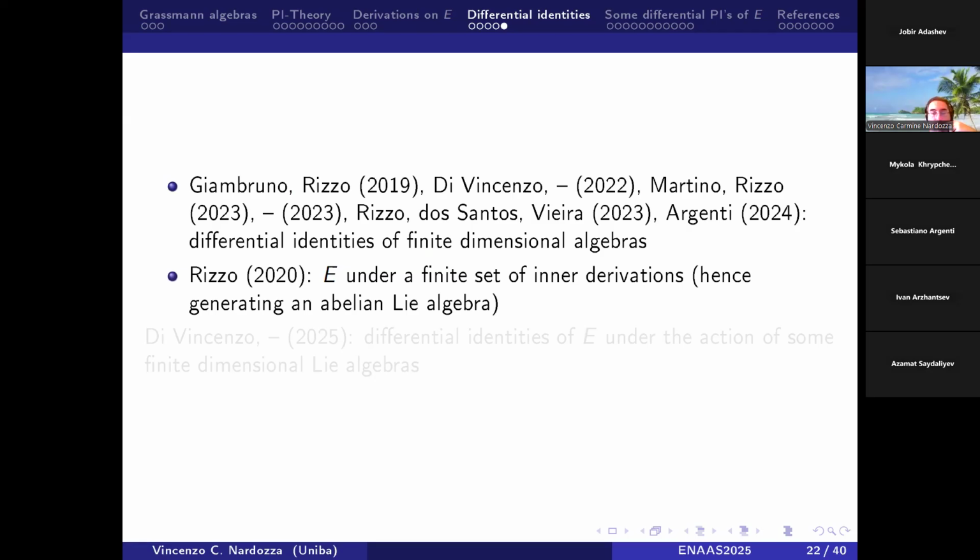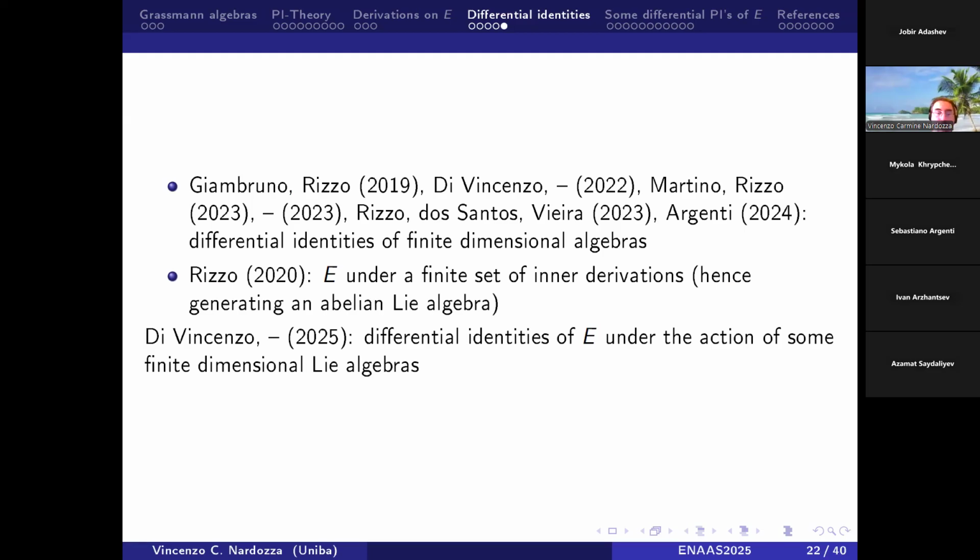The only one dealing with a non-finite dimensional algebra was by Rizzo in 2020, where he studied the differential identities of the Grassmann algebra E under a finite set of inner derivations, but inner derivations are part of an abelian Lie ideal. Hence, they generate an abelian Lie algebra.